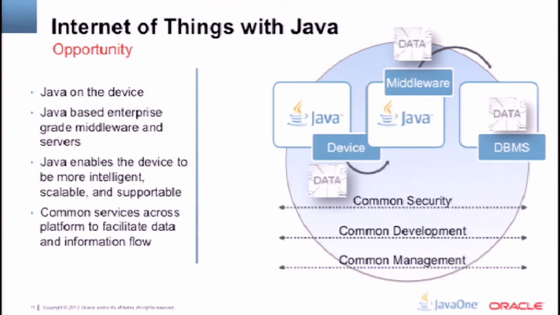What we're trying to do with Java, if you were at the keynote yesterday, one of the key messages that we tried to emphasize was there's no longer a Java embedded, Java ME developer, a Java SE developer. There's a Java developer moving forward. We want to allow Java ME developers to leverage their skills to build enterprise apps and vice versa. Get the enterprise developers to start building embedded applications.